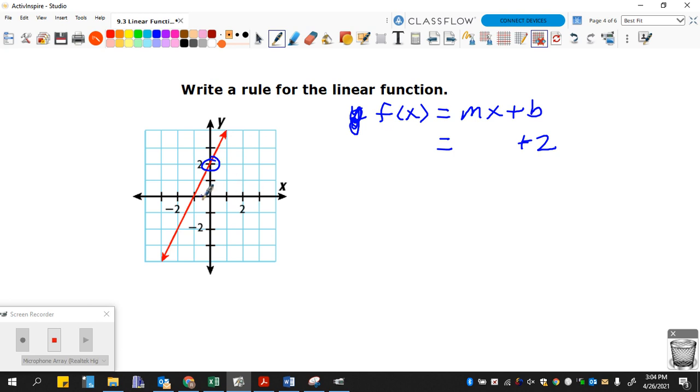What's my slope? My rise is 2, my run is 1, so 2 over 1, or just plain old 2. So we can say f of x is equal to 2x plus 2.